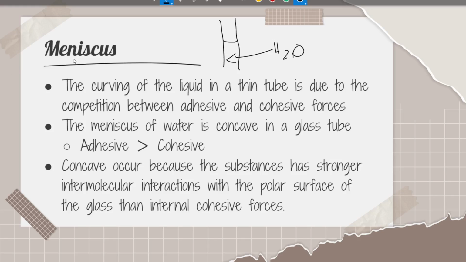On the other hand, if you put mercury in a thermometer or in anything else, you're going to see a different phenomenon happen. What happens when you put mercury in is you get this type of situation. And so this means that your cohesive forces within there are stronger than the adhesive forces to the container, and so you get a convex curve.